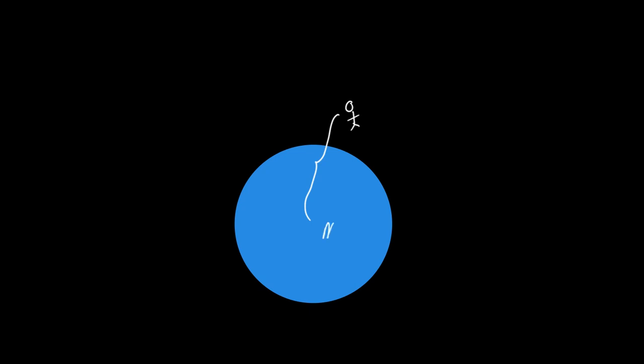So we'd say this is the mass of the planet, this is the mass of you. And then we use Newton's law of universal gravitation to calculate the force of gravity between the two things.